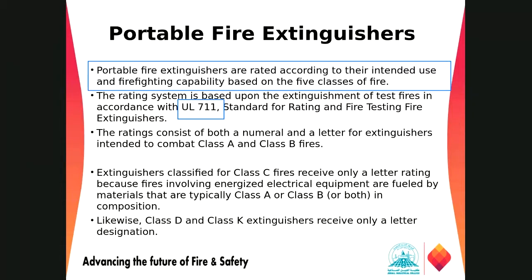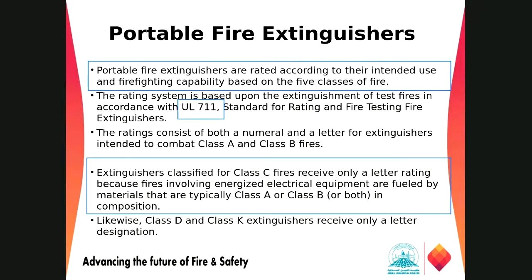For Class A and B fires, the rating consists of numbers and letters like 1A, 2A, 2B, 3B, 4B, and so on. For electrical fire, there is no such rating, because electrical fire is a combination of Class A and Class B fire.